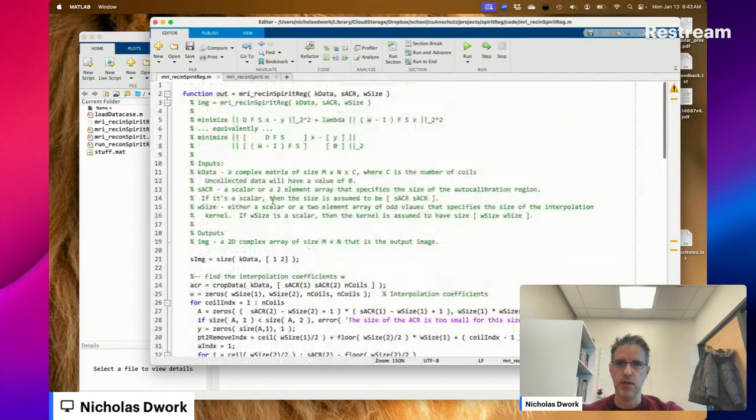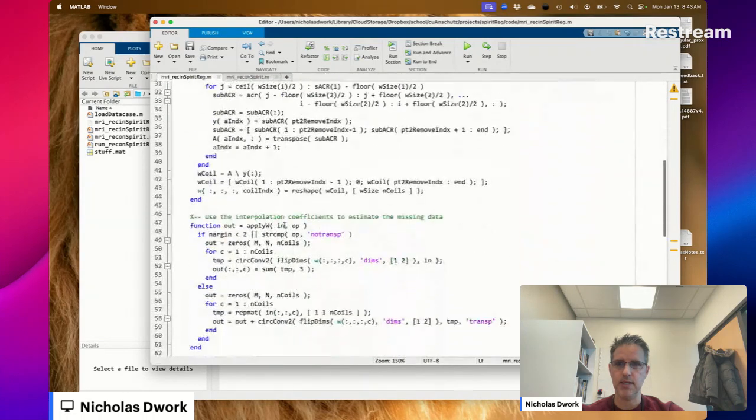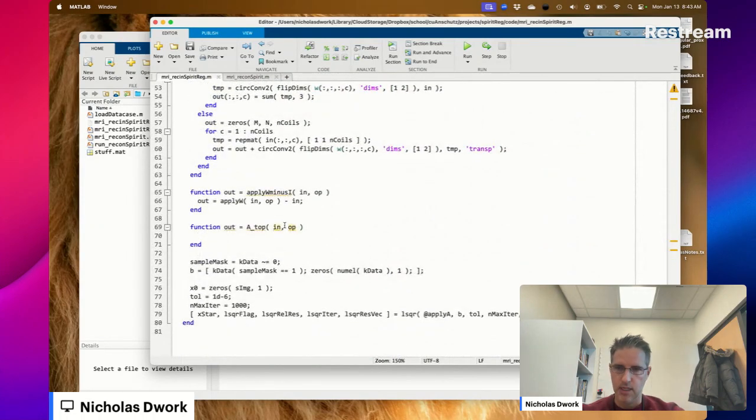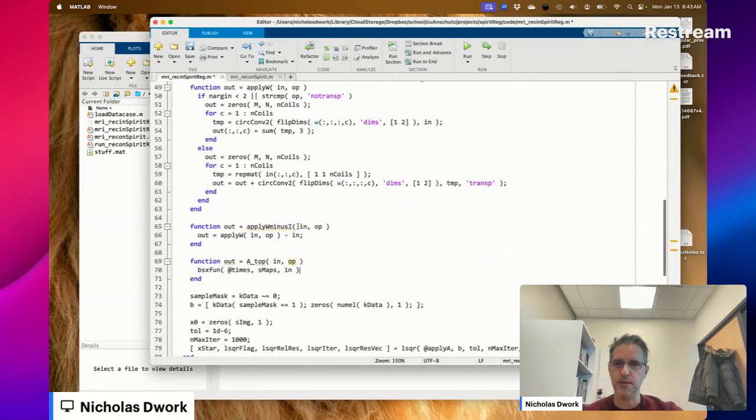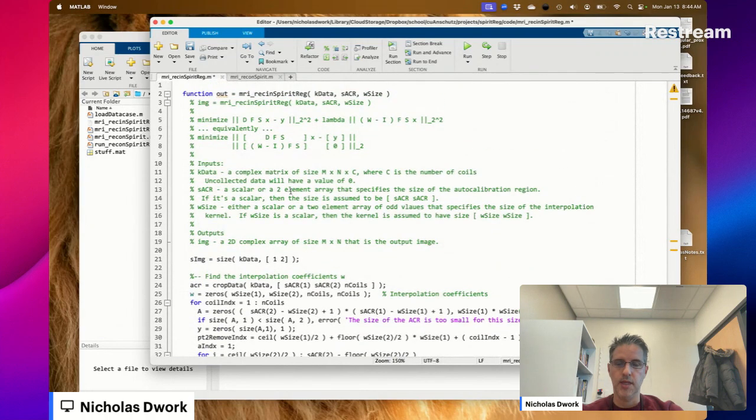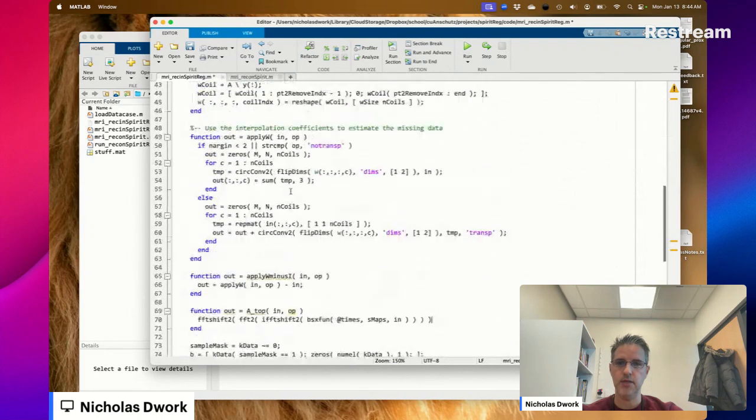What is A top? We multiply by the sensitivity masks. Then take the Fourier transform. And then just look at the values, the frequencies that were collected.